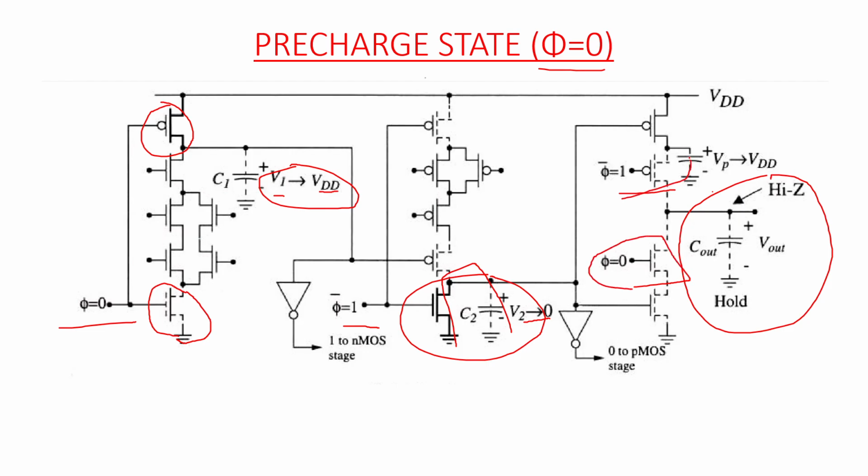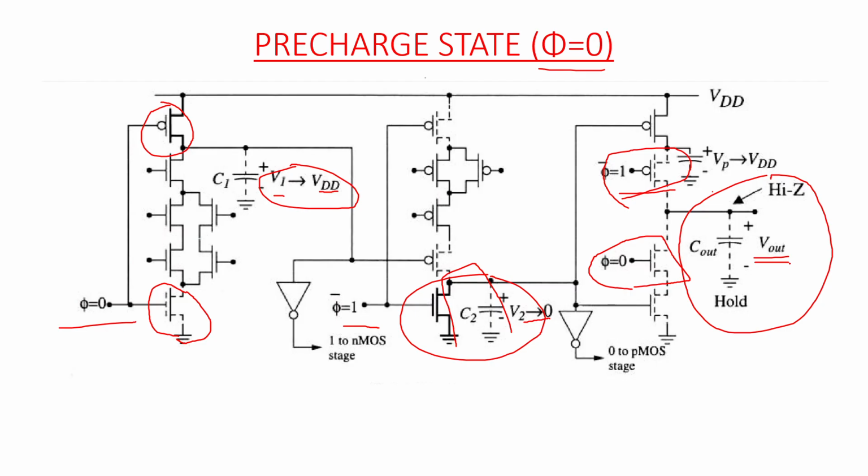So both the PMOS and the NMOS that are connected to this capacitor are in open circuit. That is why the output voltage of this section is in high impedance state during the pre-charge state. That is when phi equal to 0.